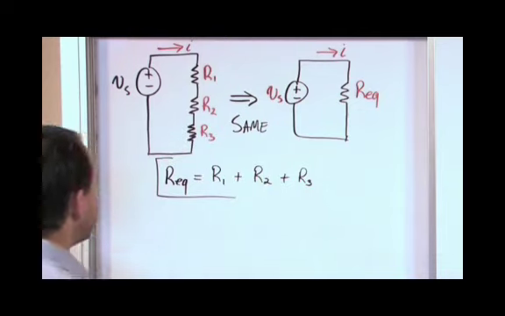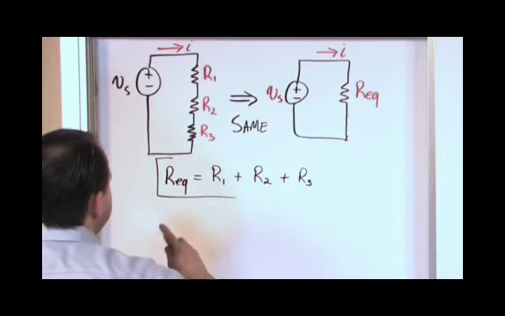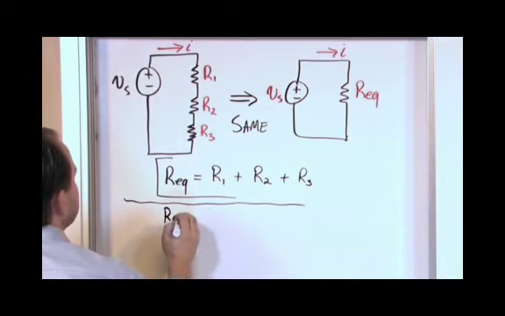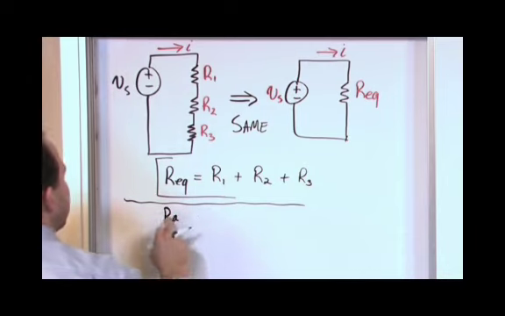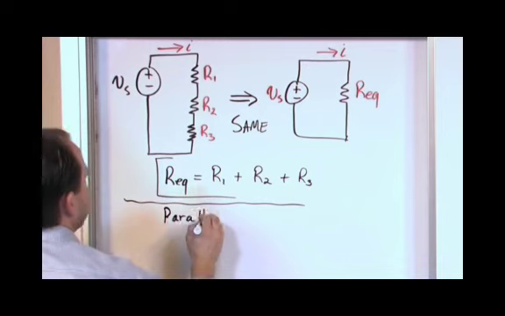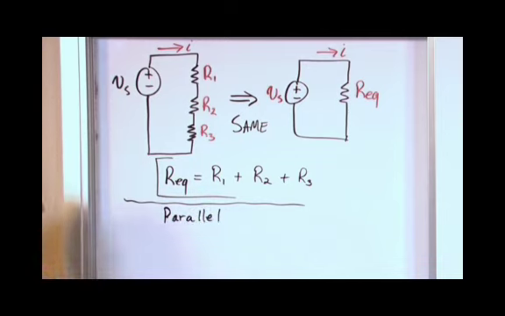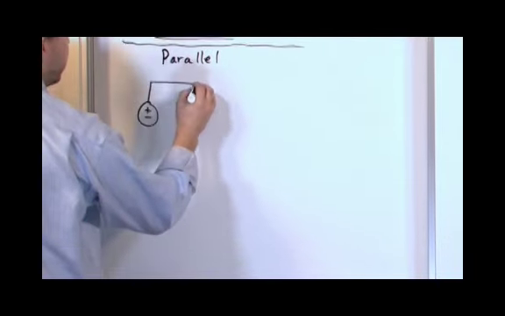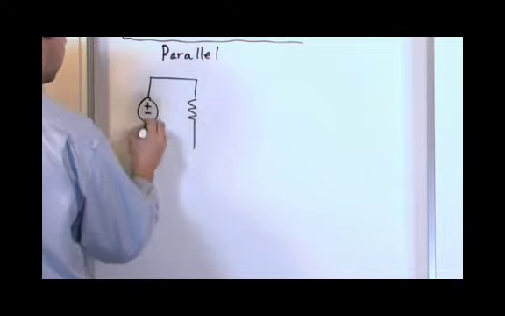All right, now I want to contrast this with the parallel arrangement. So let me write this down: parallel. So what would that look like? The parallel arrangement we've also talked about briefly. Here's a voltage source. Here's a resistor.